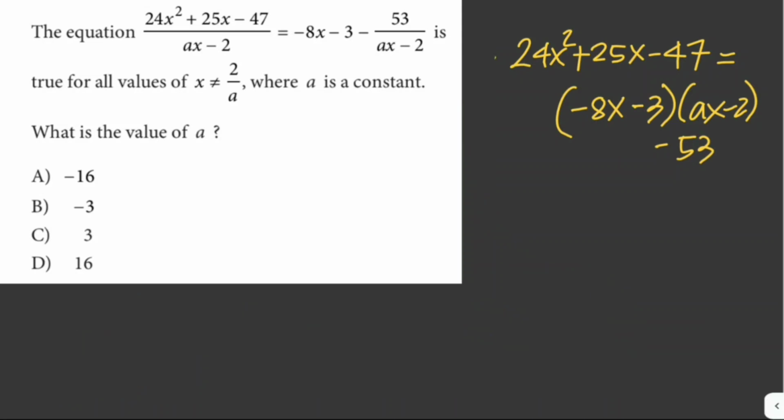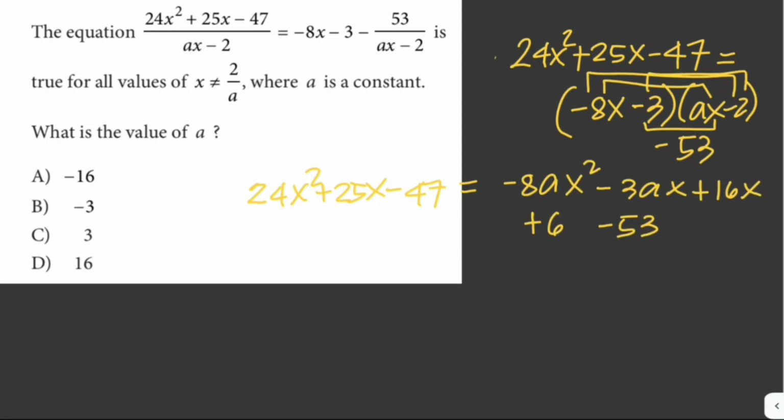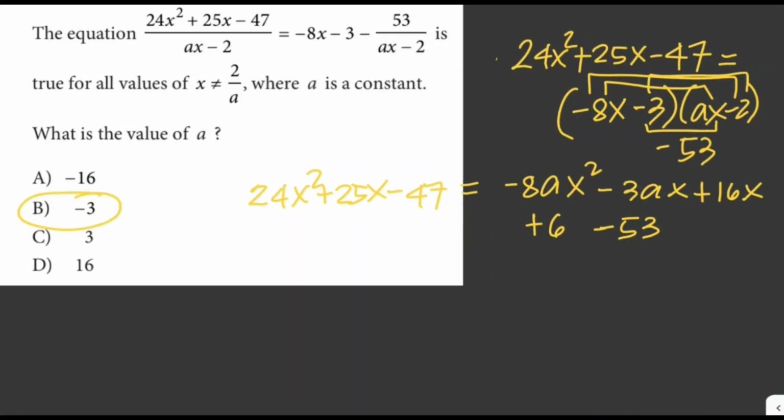Now let's simplify the expression on the right. So 24x squared plus 25x minus 47 is just equal to negative 8ax squared minus 3ax plus 16x plus 6 minus 53, and then simplify the expression on the right.